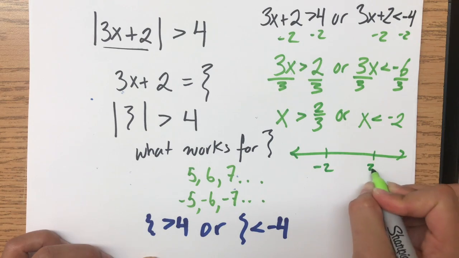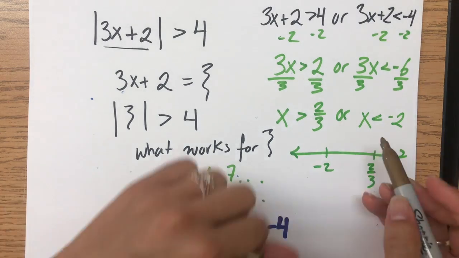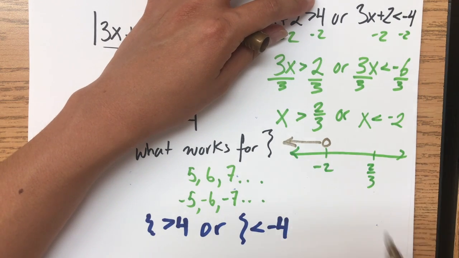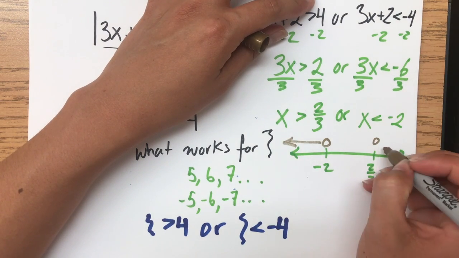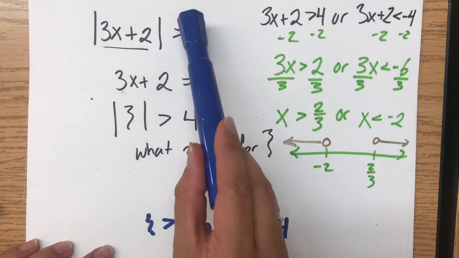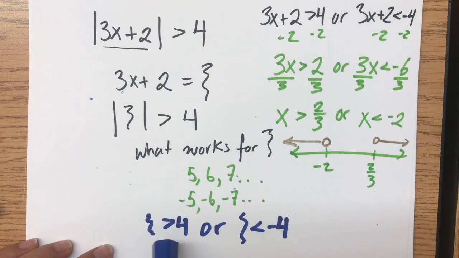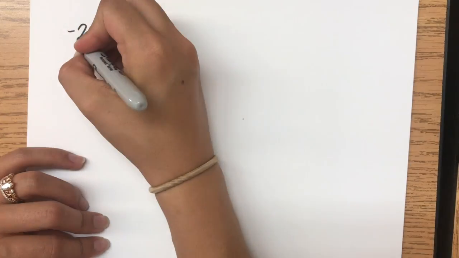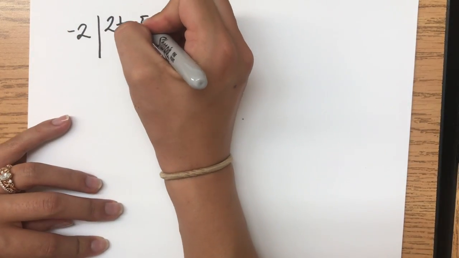We know how to graph this from our previous sections. So we're just going to do open dots at -2 going to the left because it's less than, and an open dot going to the right because that is x is greater than 2/3. Okay, so typically that greater sign starting where the absolute value is going to turn into or, typically. Not always, but typically.